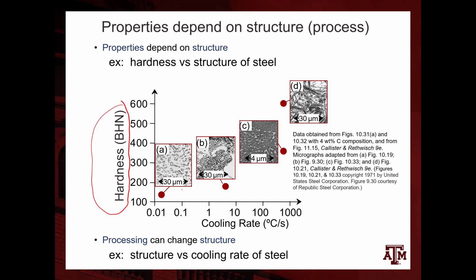So by controlling the cooling rate, while we have the same composition of steel, we can have different microstructures. So this is one way of utilizing a manufacturing method to induce specific microstructure and obtain specific improvement or enhancement of a particular property. In this case, it's the mechanical properties, hardness number of this alloy.